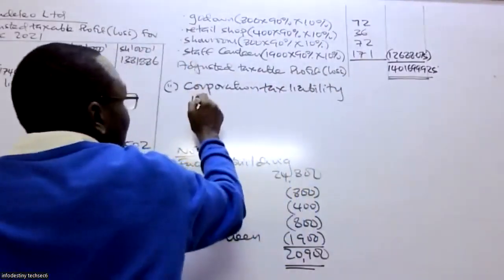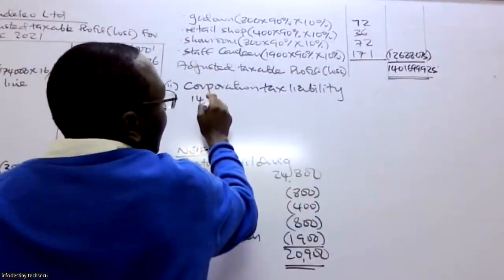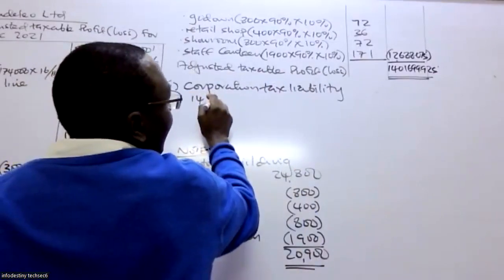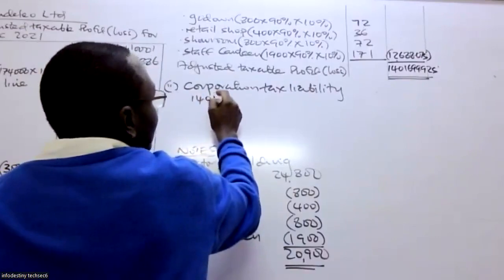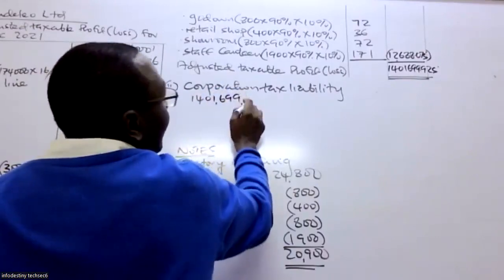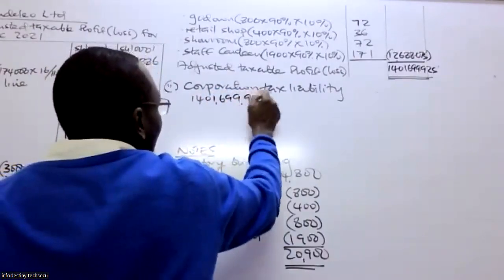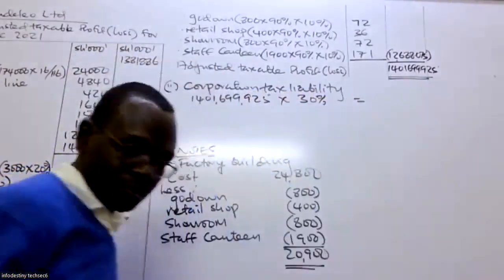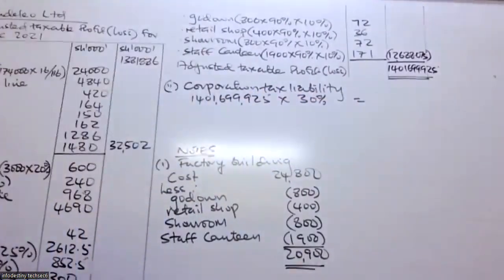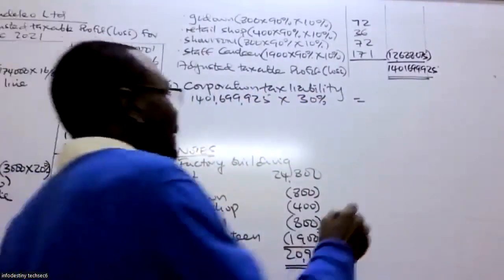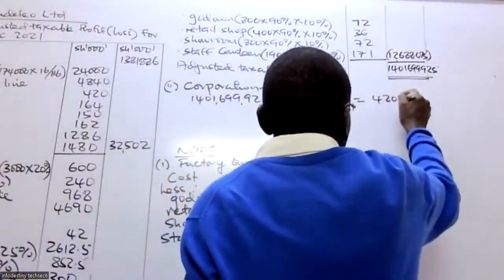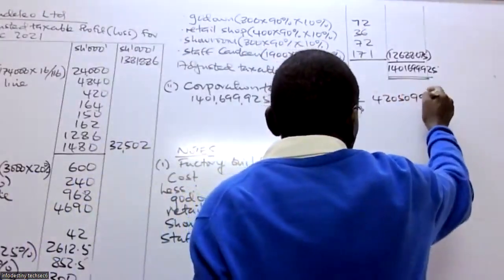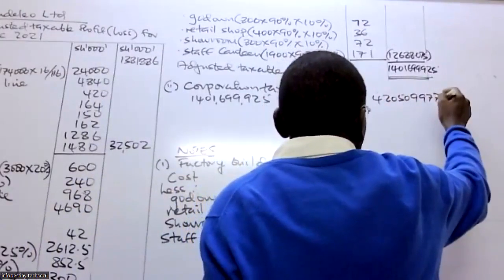So 1401,699,925. You simply get 30% of that. 420,509,977.